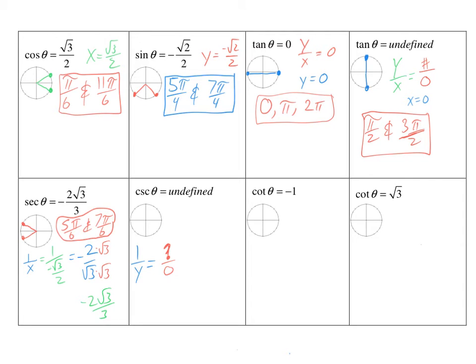And so what I'm really looking for is when y is 0, because if sine equals 0, when you flip it, you get something over 0. So when is y equals 0 is what this is really saying. Well, when is the height of your unit circle 0? It's right there and there.